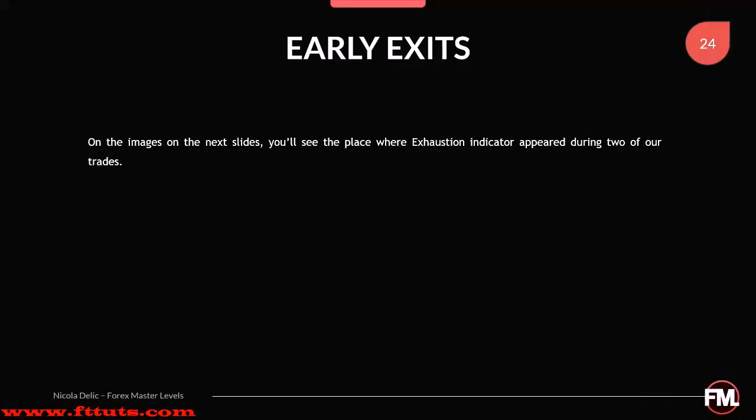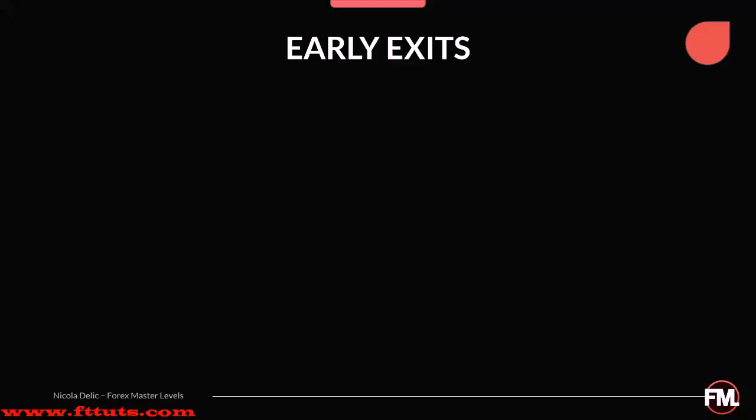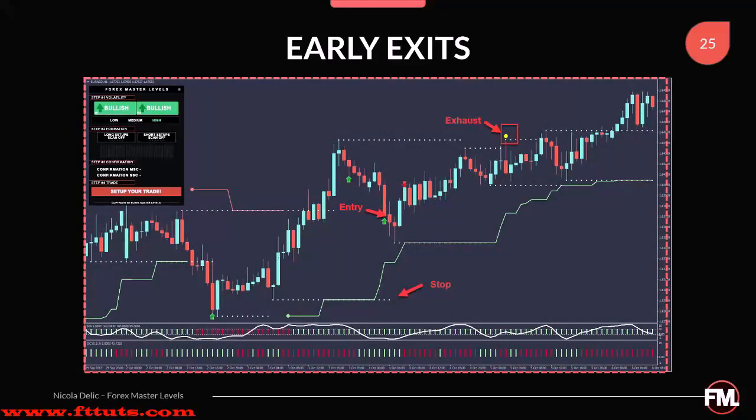On the images on the next slide, you'll see the place where the exhaustion indicator appeared during two of our trades. So over here, EUR/NZD trade, we were in the long trade, and around the middle of our trade, exhaustion appeared.